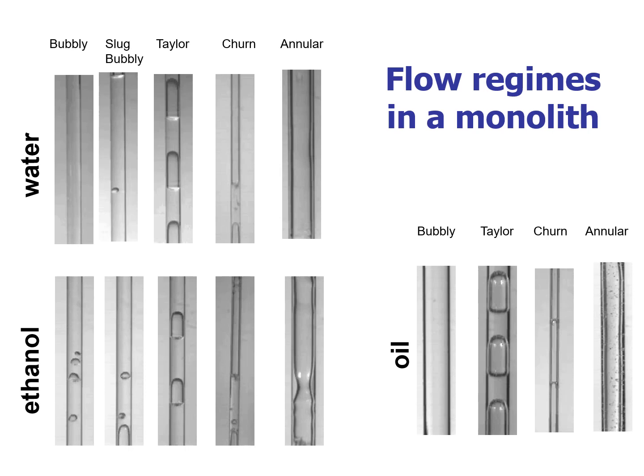It is characterized by the presence of relatively fast-moving bubbles, and the diameters are less than or equal to the diameter of the capillary. If we increase the gas velocity a little bit, we obtain the slug bubbly flow. We have a slug and the bubbles.